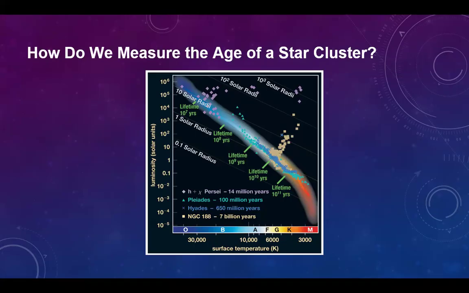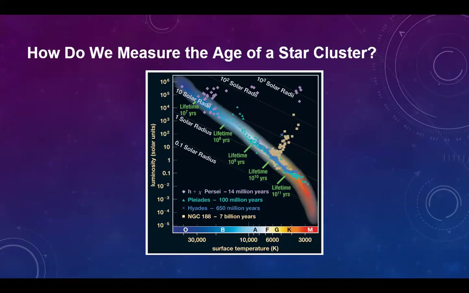So you can see each of these star clusters has a turnoff on the main sequence. There's sort of a maximum size above which we don't see stars of that age. H plus chi Persei turns off here, so it's about 14 million years old.